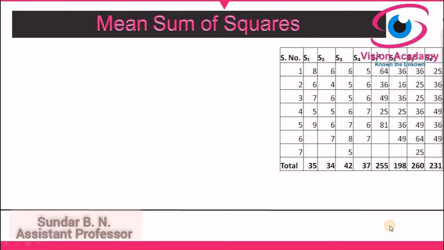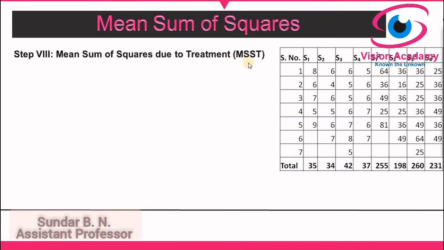Then let us calculate the mean sum of squares. In the mean sum of square, we have two steps. Firstly, let us find the mean sum of square due to treatment. We know the formula for calculating mean sum of square due to treatment is SST by K minus 1.